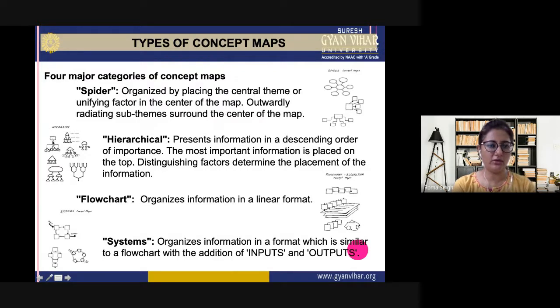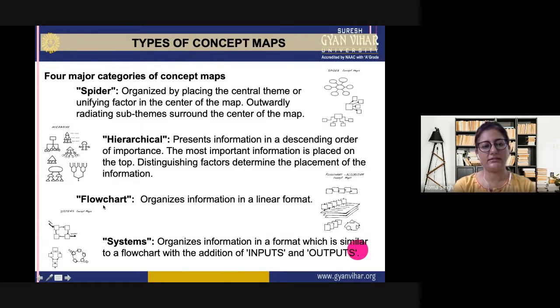Then by going down by the degree of importance, the other concepts are shown like this. So the most important thing is at the top, and then distinguishing the important and less important knowledge, it can be placed like this. So mainly the information is presented in descending order of importance.